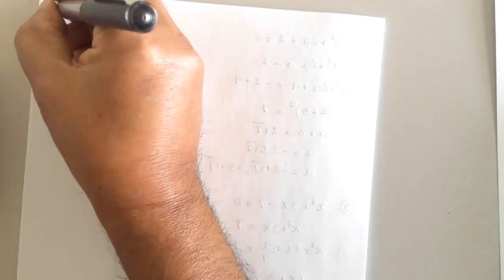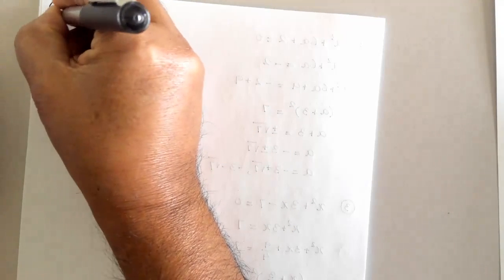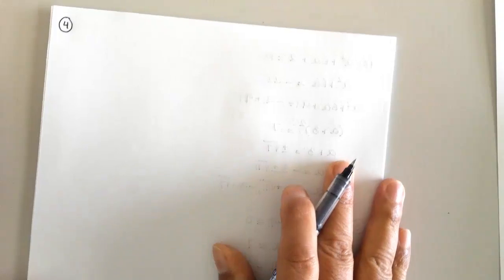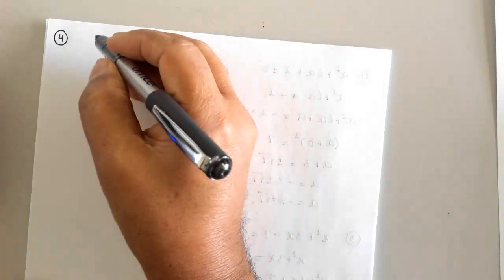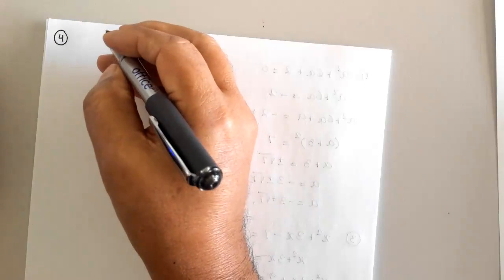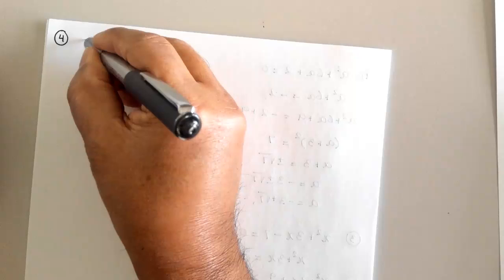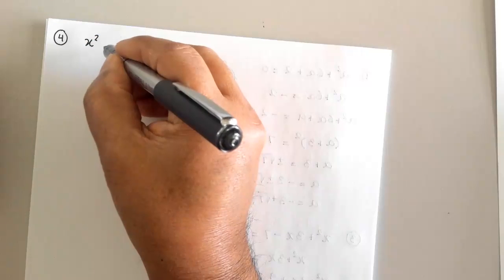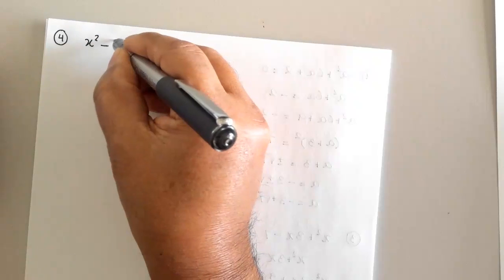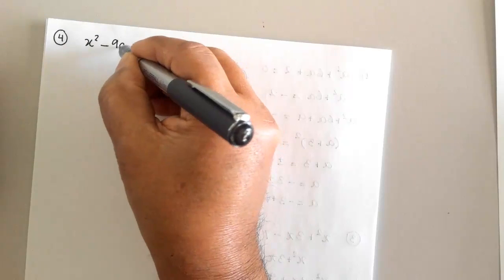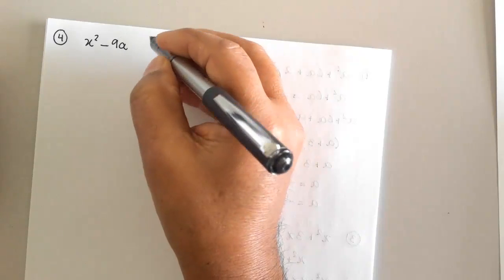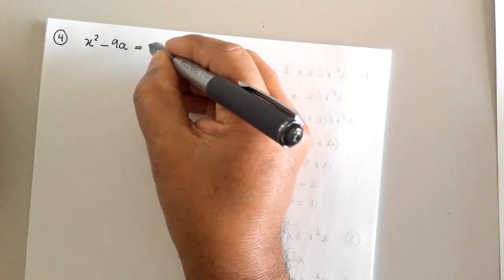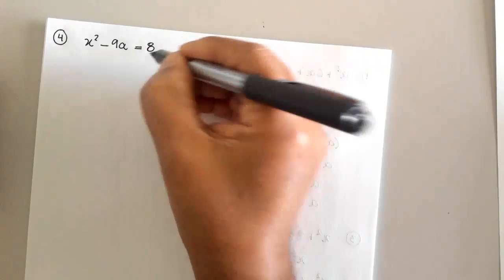So now we have question 4. In question 4 we have, let's say that you have x squared minus 9x equal to, let's say 8.